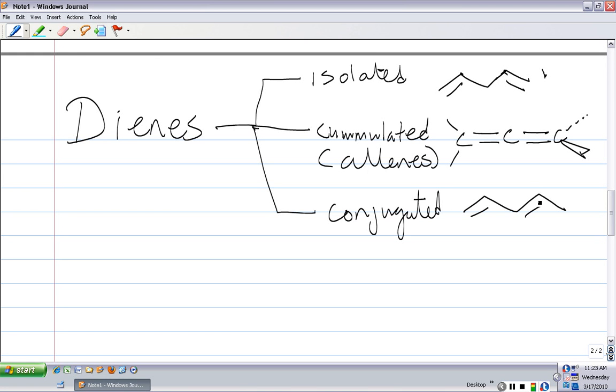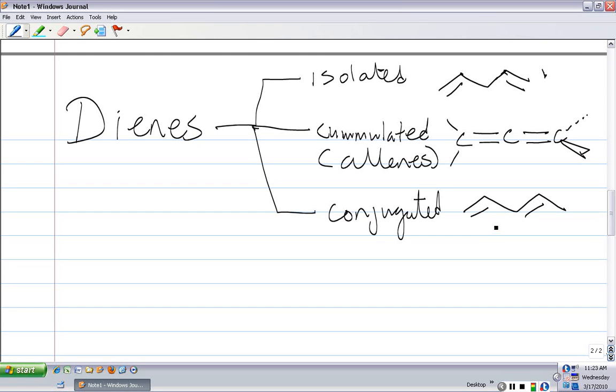Conjugated, the proximal vinylic carbons are separated by one sigma bond. Now, I couldn't say for cumulated, the proximal vinylic carbons are separated by no sigma bonds, because in reality, that's not quite true, but I'm going from this scenario to this one, and then finally to this in the allene.